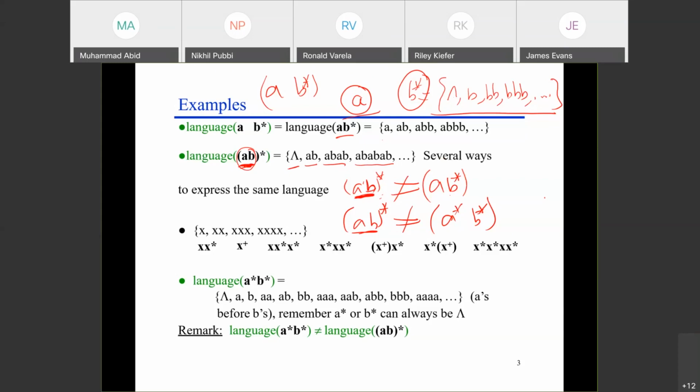And now if I say that I have A*B*, what does it mean? What will be the set of this thing? Anyone?